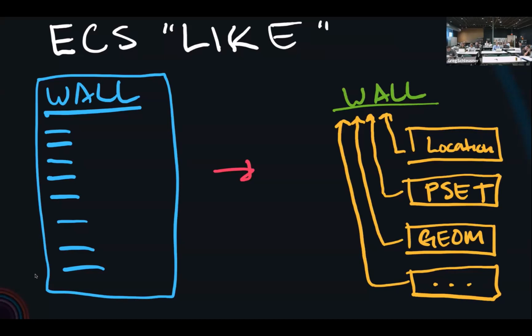Geometry definitely does not. Property sets do, properties don't. That was one of the things we had to work on. The property set has its own ID, the properties don't.